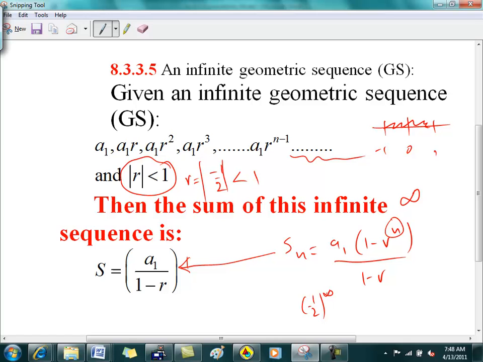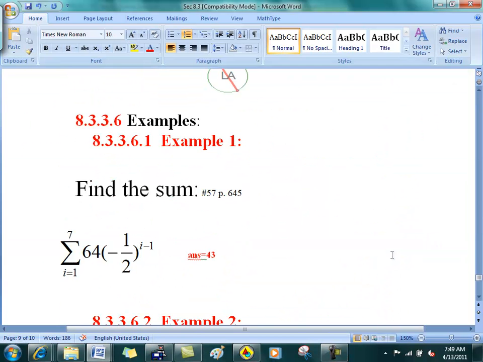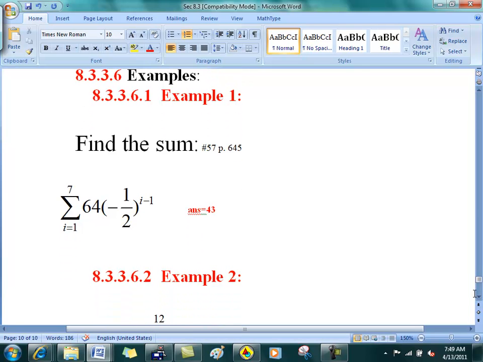Now get your calculators out and experiment. What's 1/2 to the 20th power? What's 1/2 to the 200th power? Compare those numbers and see what's happening. I'll do the first one, you do the second one.